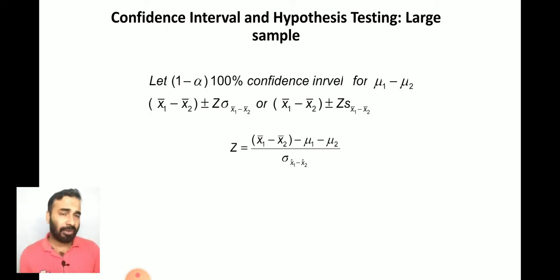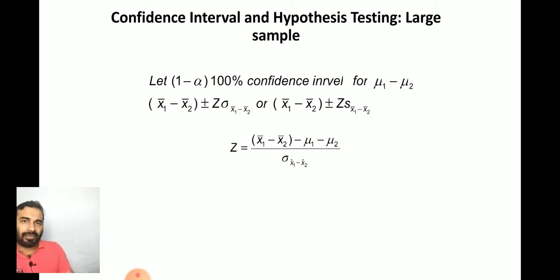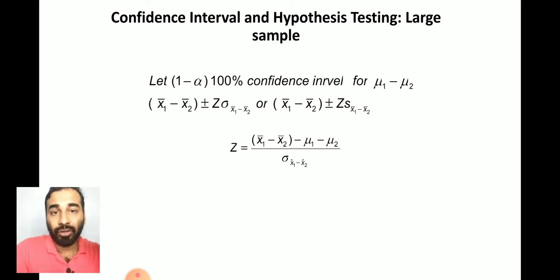So this will be x bar 1 minus x bar 2 minus mu1 minus mu2, the difference in the sample means minus the difference in the population means, divided by the standard deviation of the difference in the sample means. If we know the population standard deviation, we will use sigma, and if we don't know it, we will use small s.